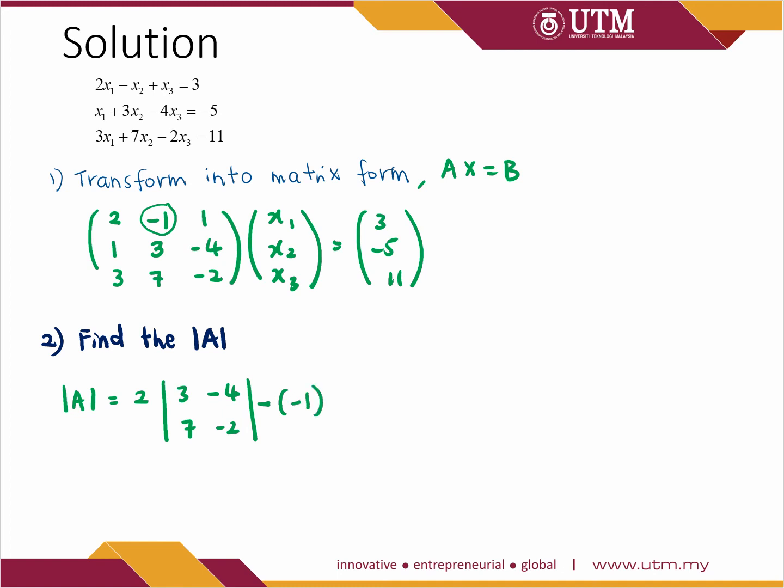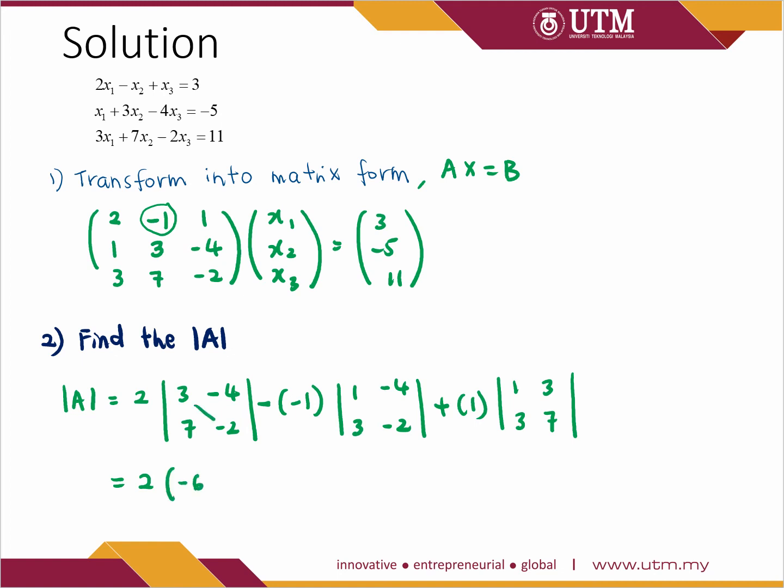So we remove the first row, second column, and the matrix will be 1, negative 4, 3, and negative 2. And the last one, the sign should be positive: 1 times the matrix after removing the first row, third column. So here it will be 1, 3, 3, and 7.